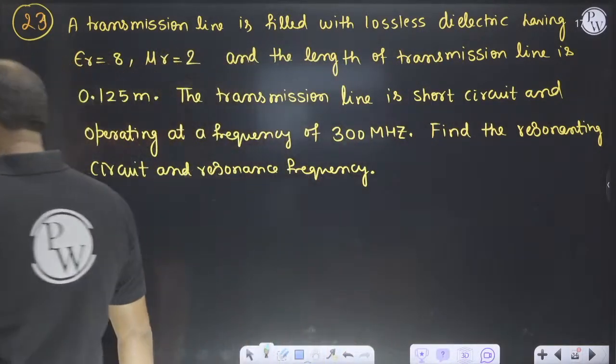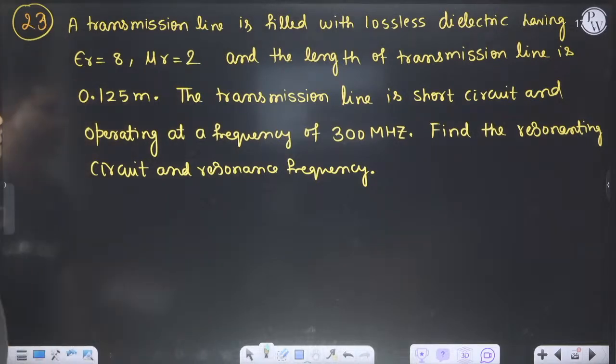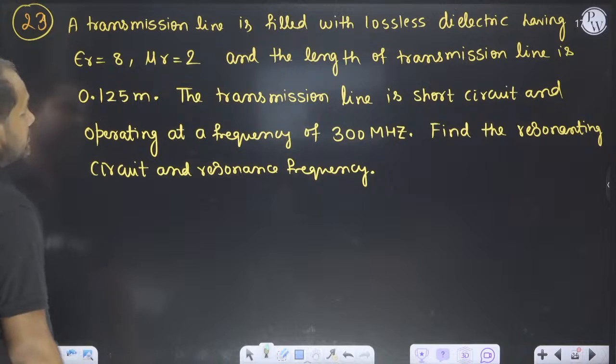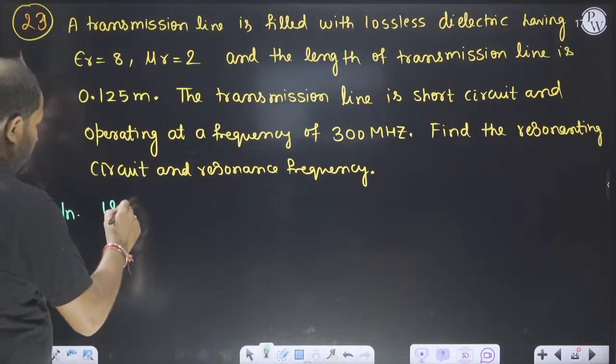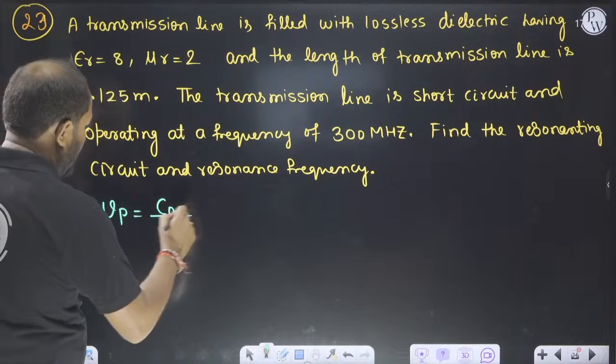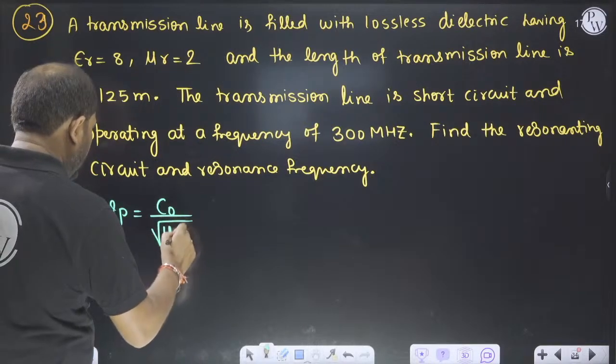First, the lossless dielectric has epsilon r and mu r given, so we can calculate Vp. Vp is equal to C0 upon the square root of mu r into epsilon r.